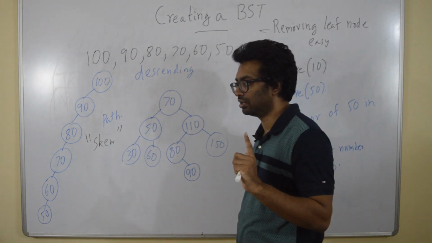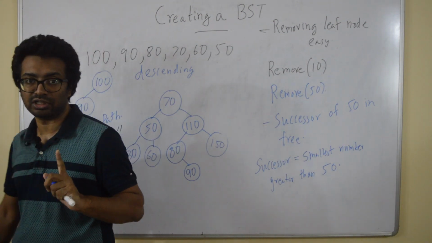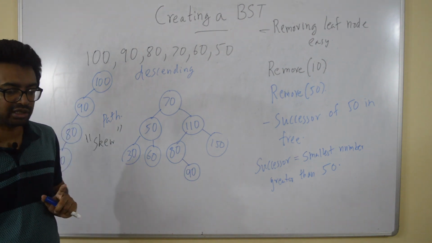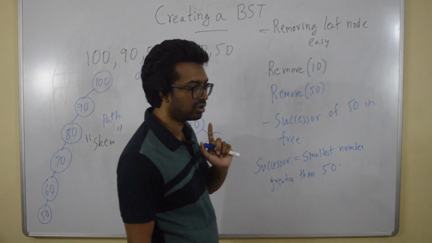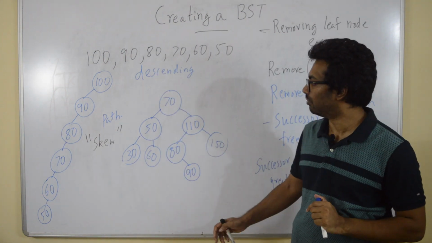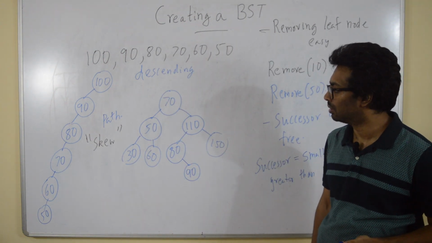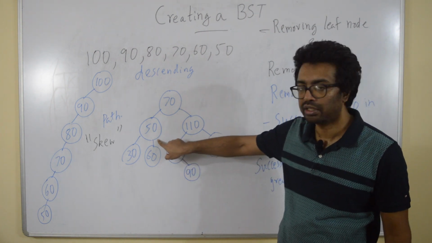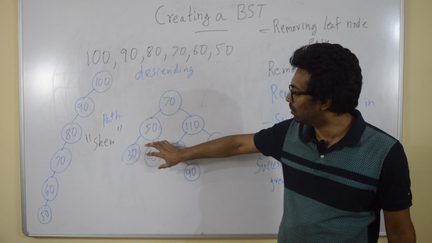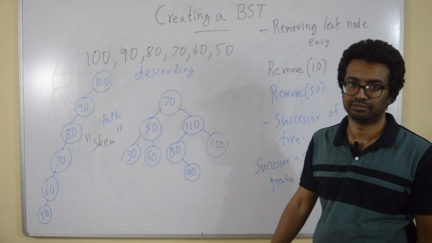Note that it need not just be that. Things can be above also, and those are also numbers greater than 50. But what we are going to do is traverse here, and find the smallest number here.